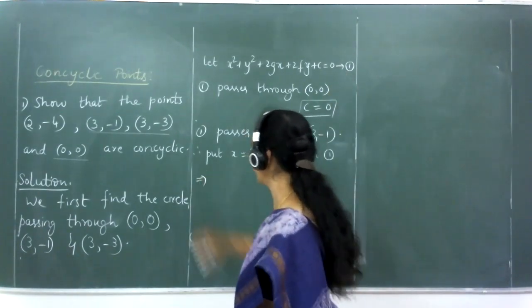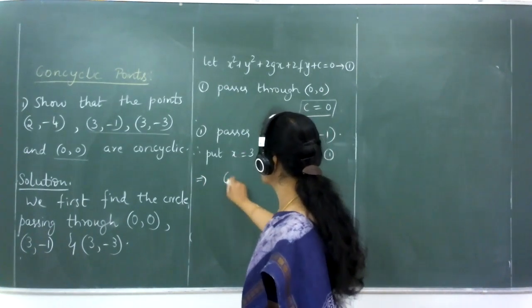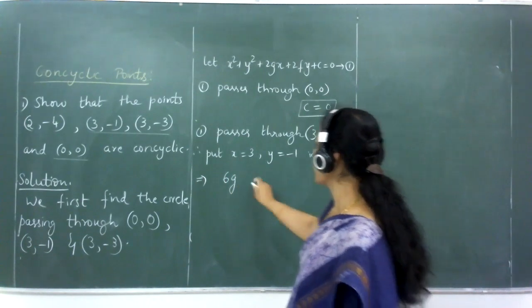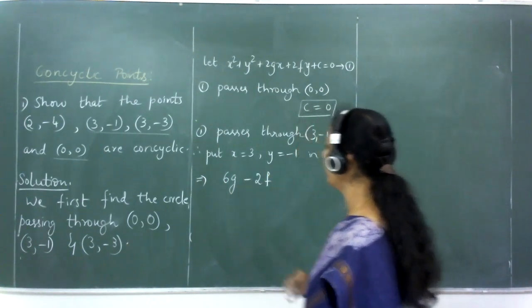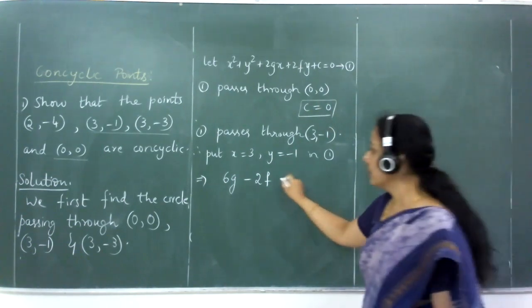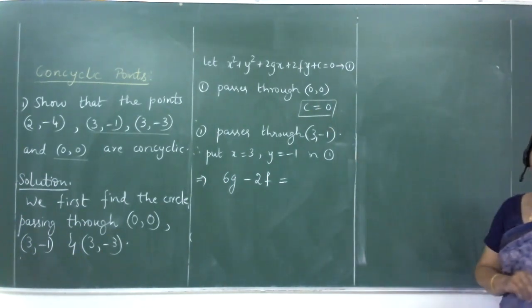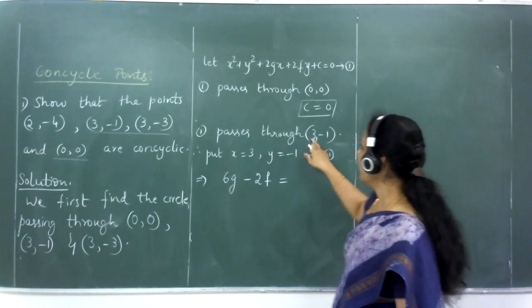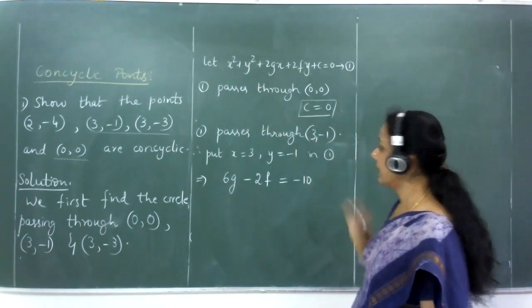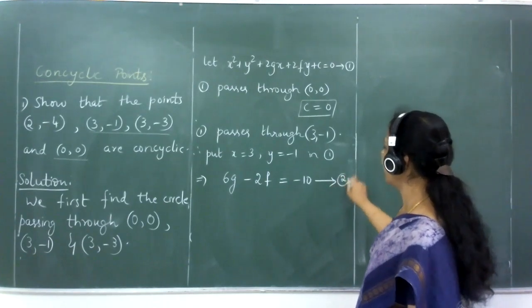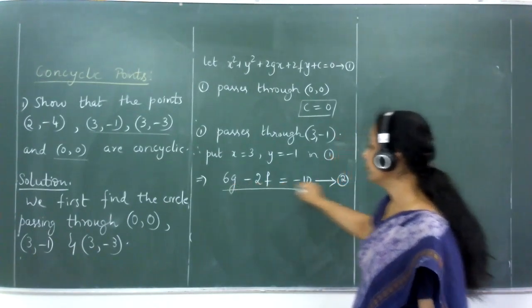And this will imply 3 into 2, 6g, 2 into f into minus 1 gives minus 2f. C is already taken to be 0. So you will have only 2 terms in the LHS, and we have in the RHS 3 squared plus 1 squared. That will be 10 shifted to the RHS, so you have minus 10.